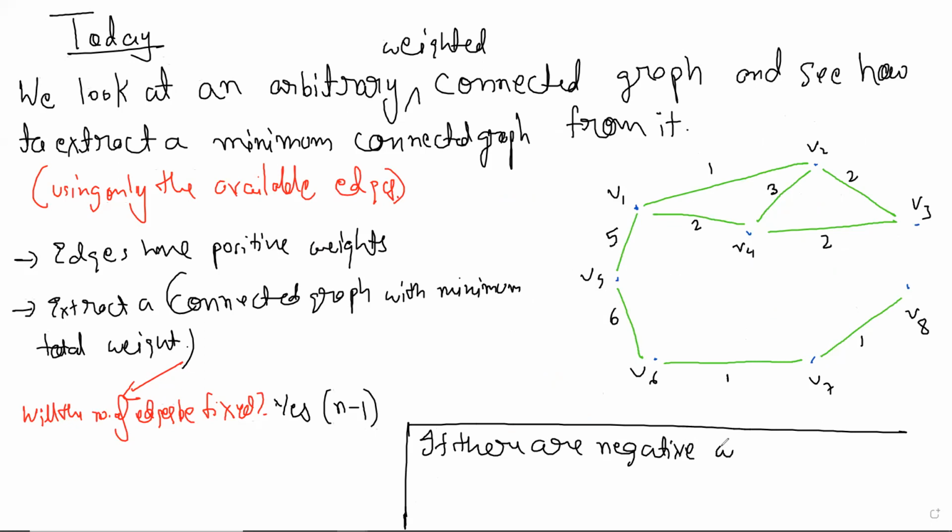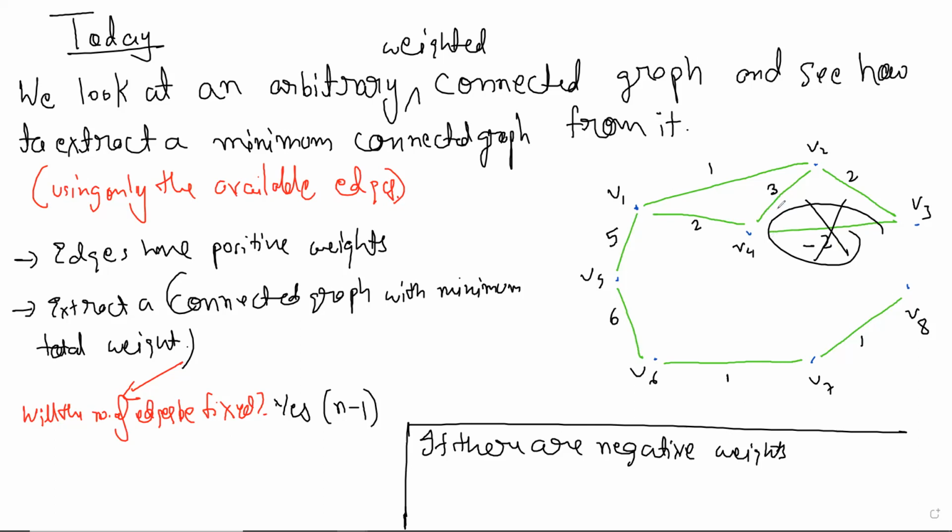Okay. The reason why I was thinking that the thing may change was that, if there are negative weights, let's say some minus 2 is there, and you make your minimum connected graph without using this edge. Then you may want to add this edge and further reduce the weight.